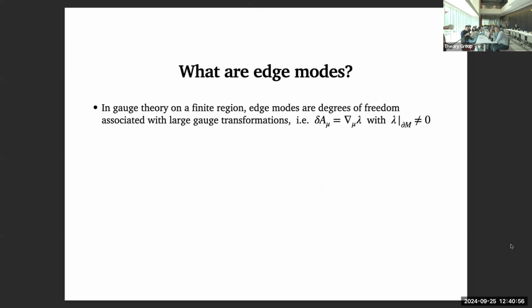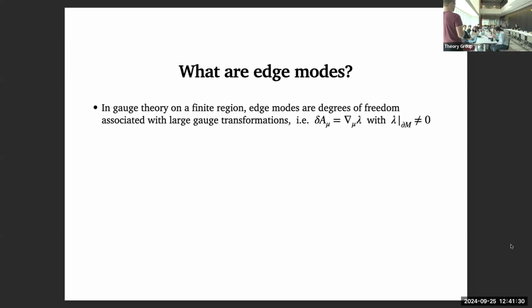Yeah. So in gauge theory, edge modes are degrees of freedom associated with large gauge transformations. So if you have your theory and you're studying it on some spatially finite region, then the gauge transformations that are not supported on the boundary are going to be redundancies.